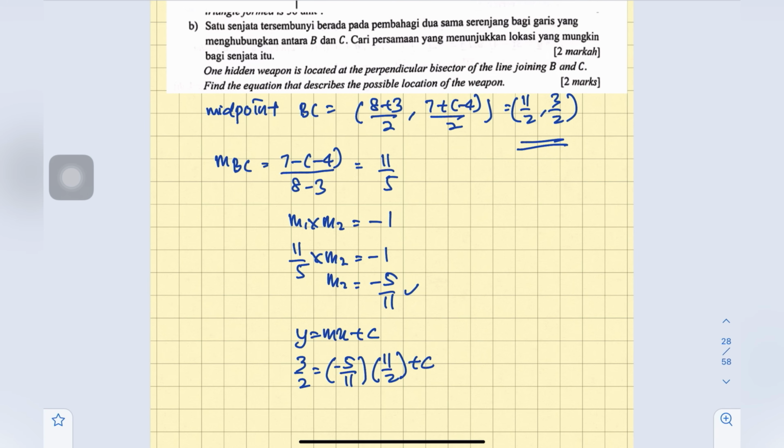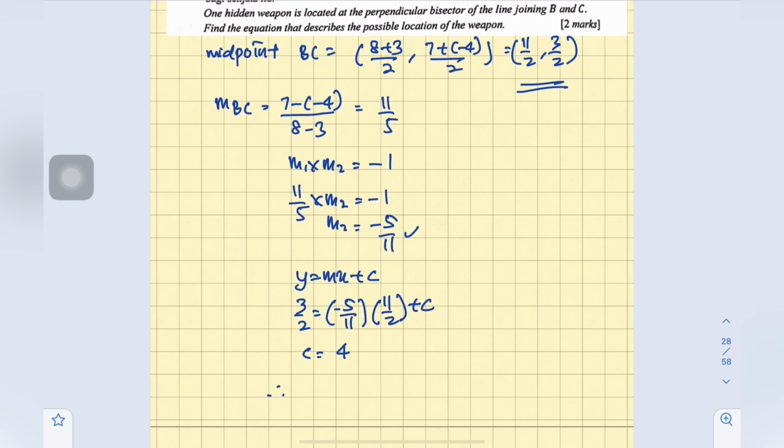Okay, so then we calculate. We got 3 over 2 plus 5 over 2, so c equals 8 over 2, so 4. So therefore, the equation of straight line is y equals negative 5 over 11 x plus 4.